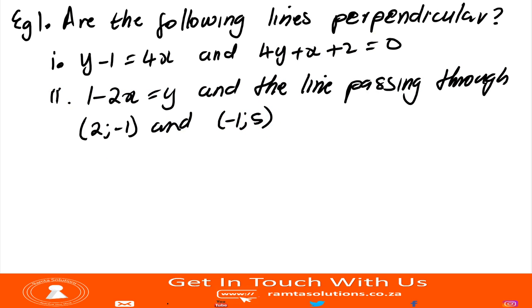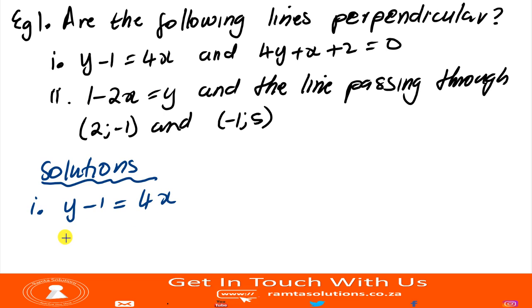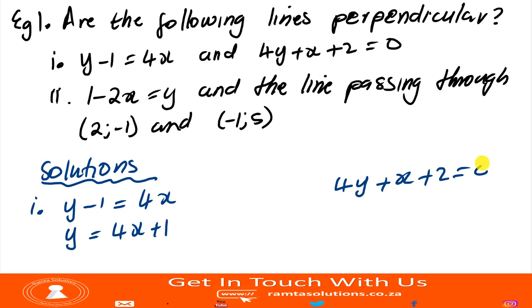Right. Now our solutions. For question 1 of this example, we have y minus 1 equals 4x. This could be written as y equals 4x plus 1. And here we have 4y plus x plus 2 equals 0.